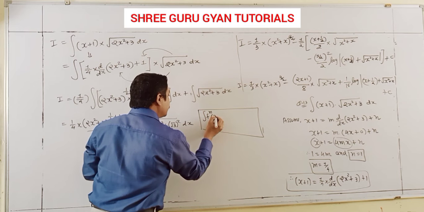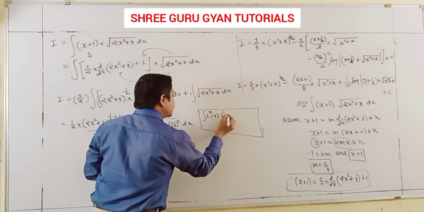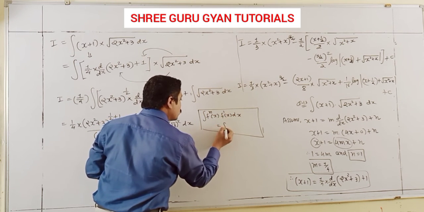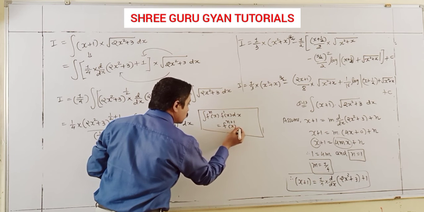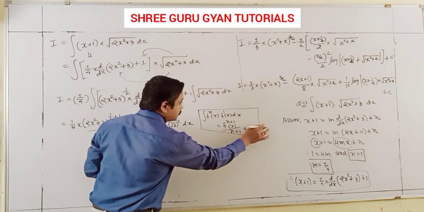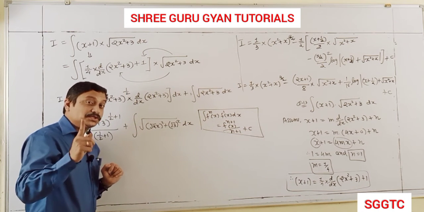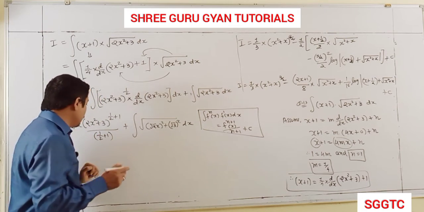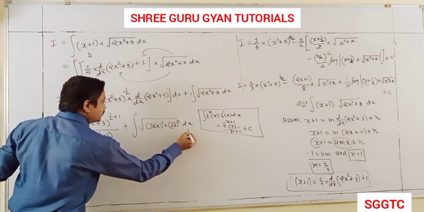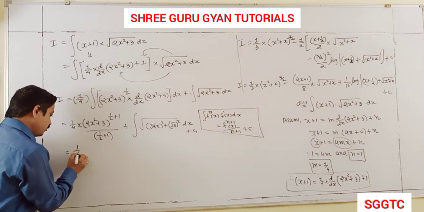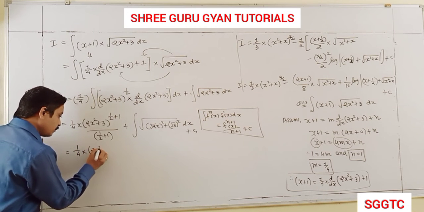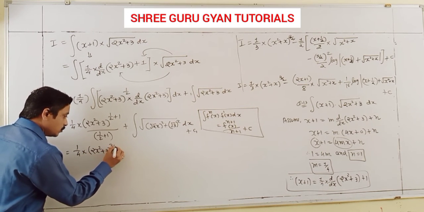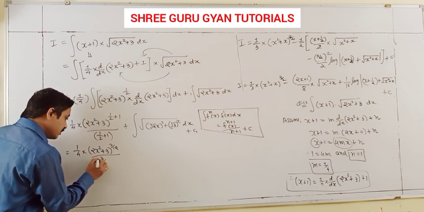Function to the power n with derivative, function raised to n plus 1 below n plus 1 must be. Always you write this property. Now here, students, plus c1. So 1 by 4, it is 3 by 2 by 3 by 2.